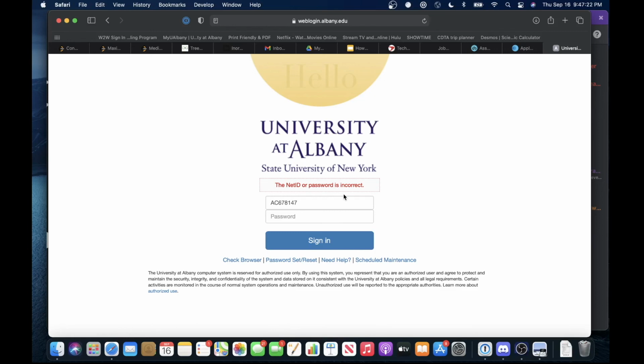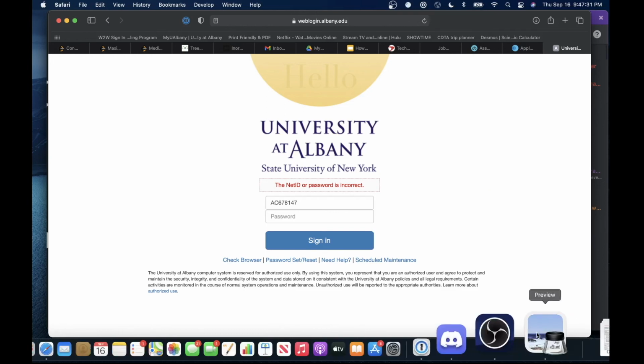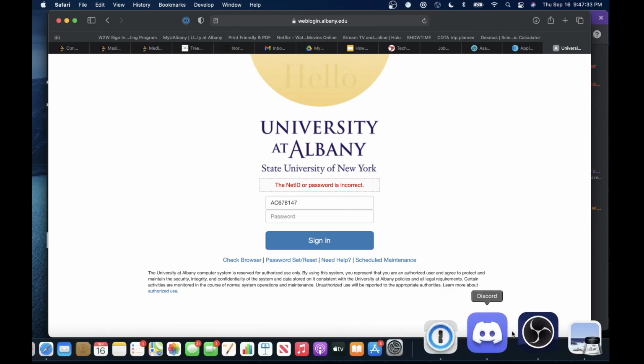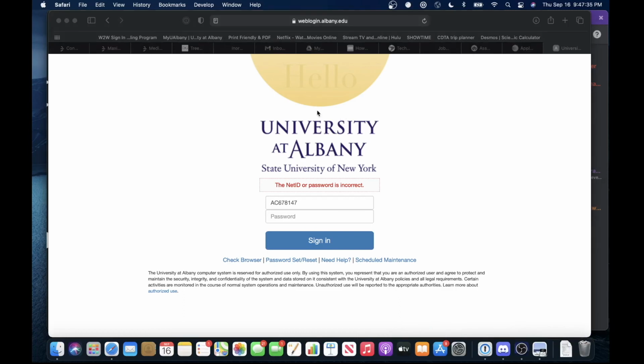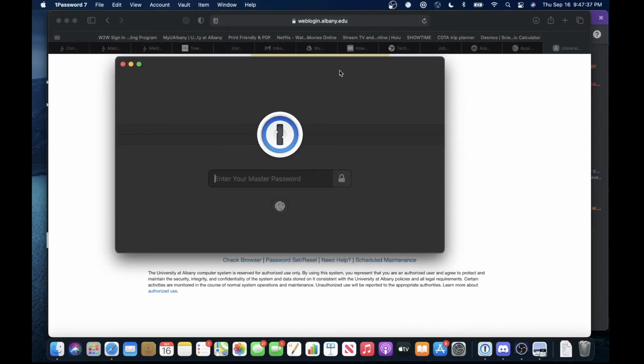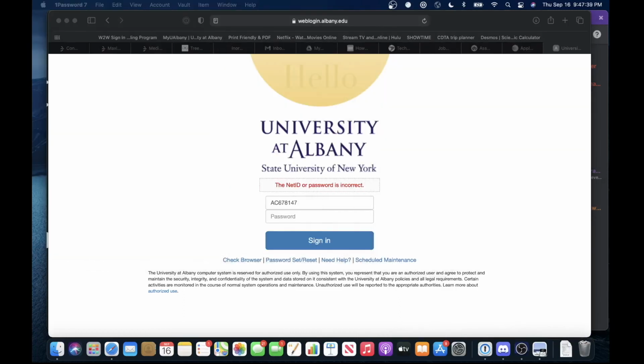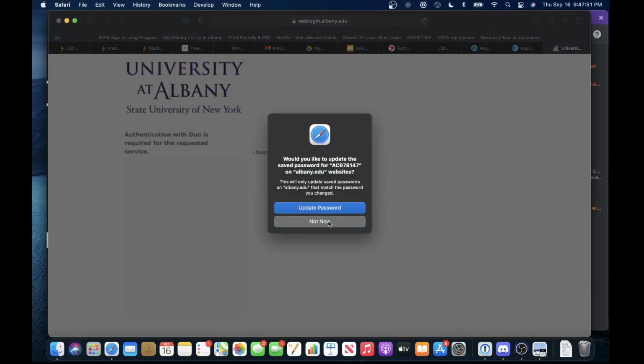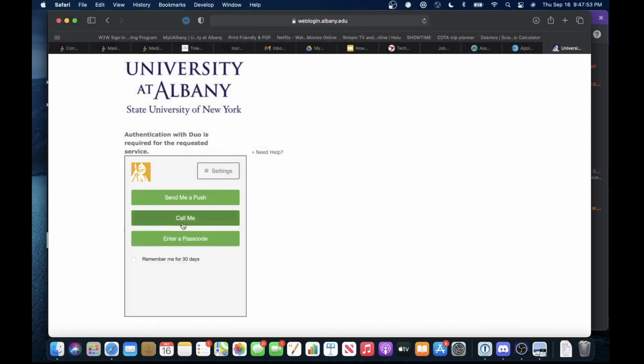Then you pick the employer, and it shows you a list of people that work there, and you literally just set up an appointment based on your own schedule, and then you just talk to them. Give me one second. All right, I've got to log in with Duo.